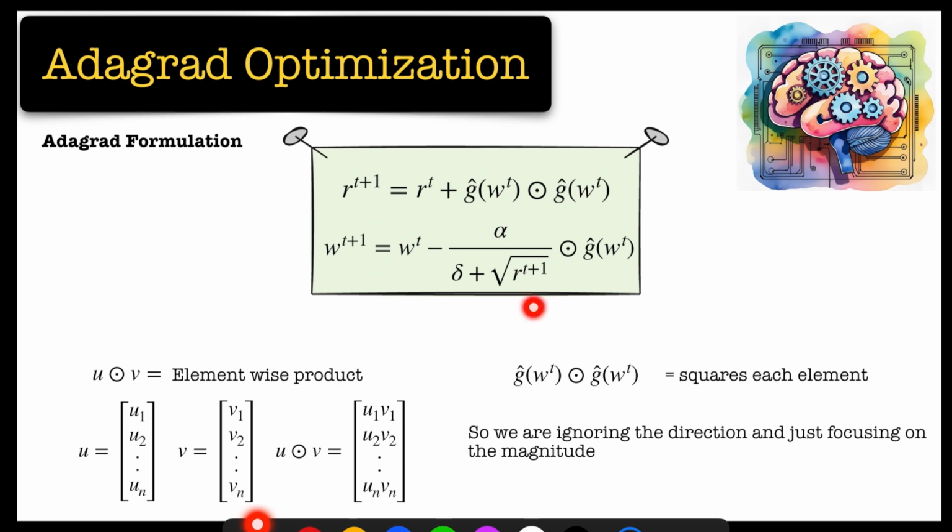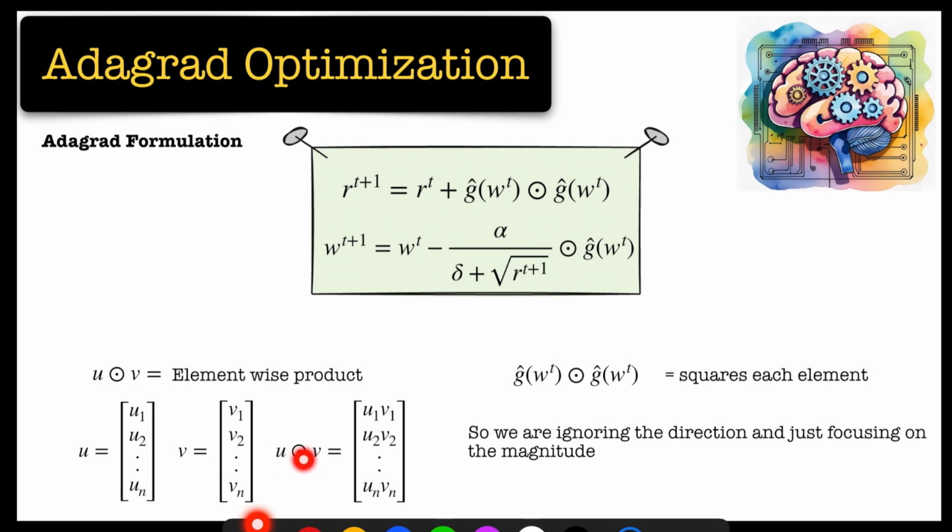Now this is the AdaGrad formulation. Rt+1 equals Rt plus g hat Wt dot g hat Wt. This is an element-wise product. What is an element-wise product? Let's say U is an n-dimensional vector U1, U2 till Un, and V is an n-dimensional vector V1, V2 till Vn.